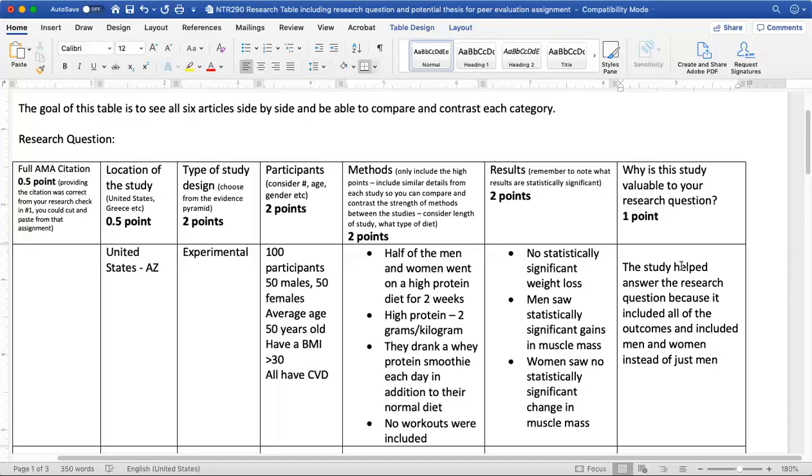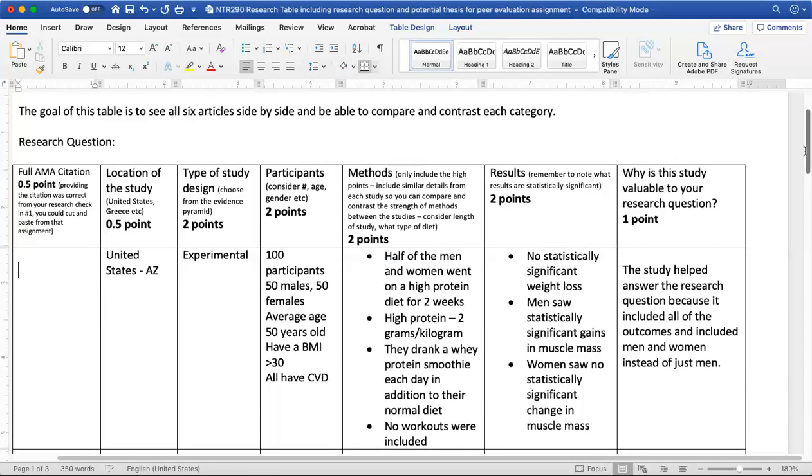So you can just figure out why this study was particularly important to you to help you answer your research question. So you will do that for each of your 6 articles. So again, it's really just the high points.